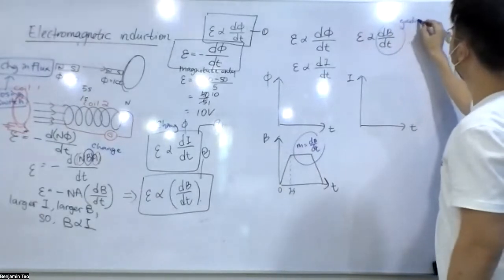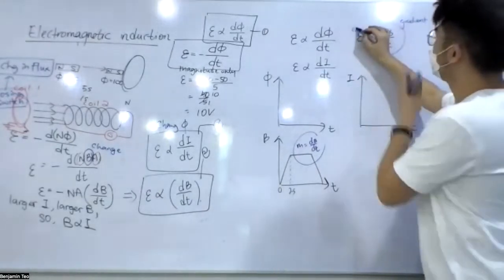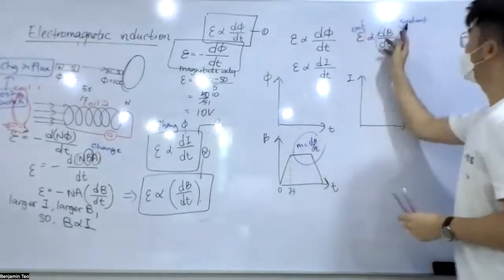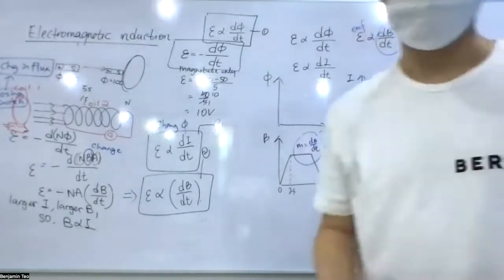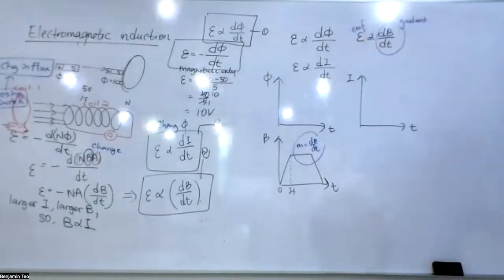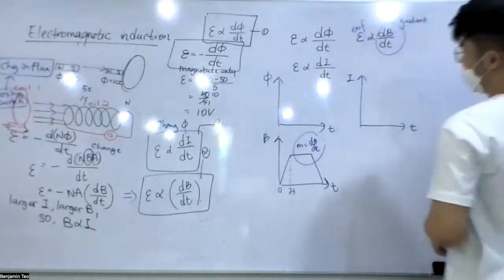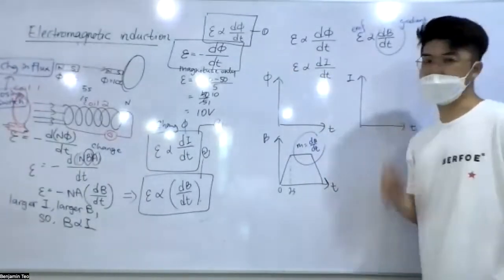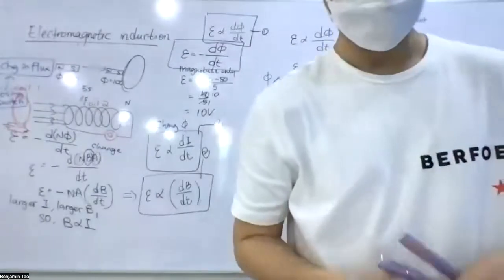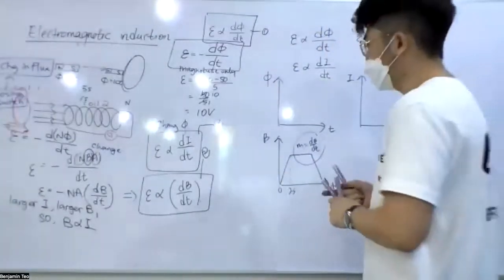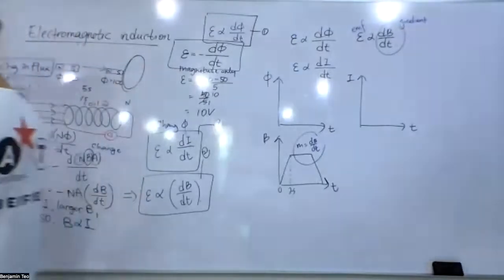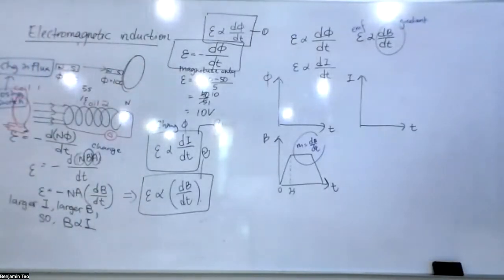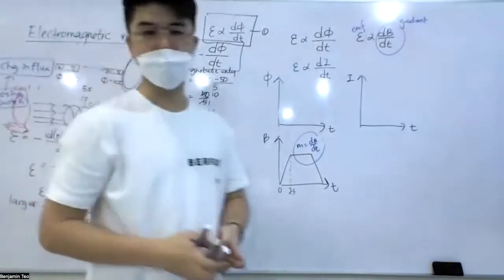So EMF is proportional to the gradient of the Bt graph. And this part is where they like to test it. They ask you find EMF from the graph, calculate EMF, they ask you plot the graph, and you have 3 of this. We will try the questions, okay?